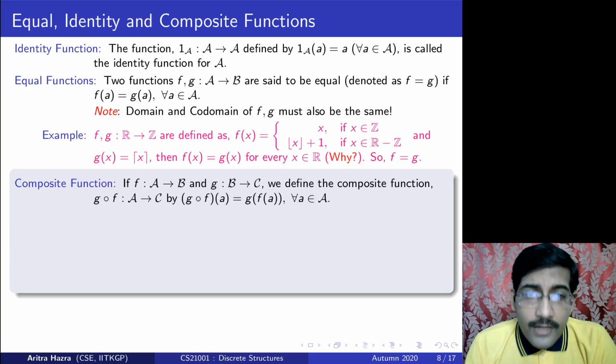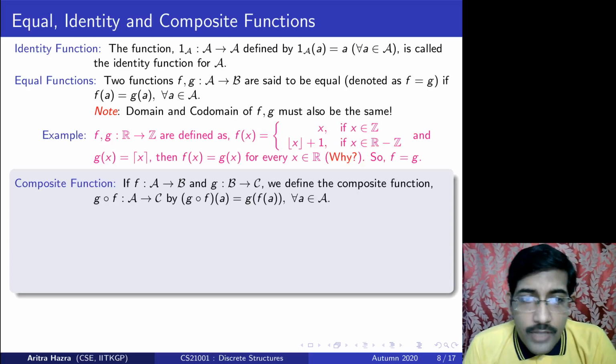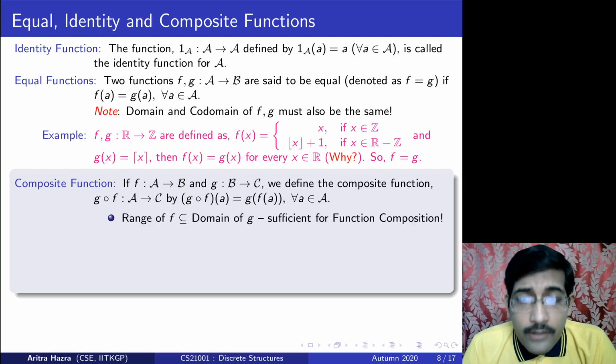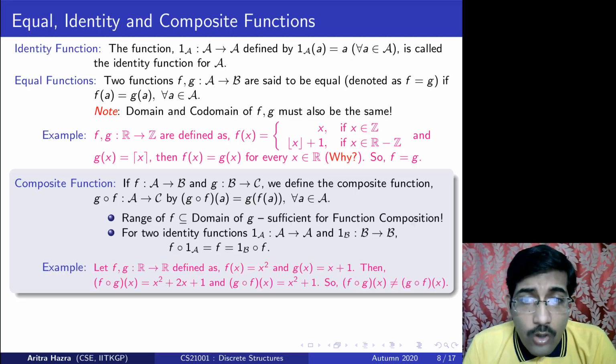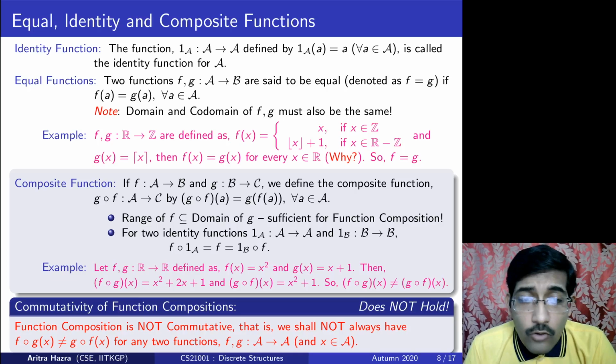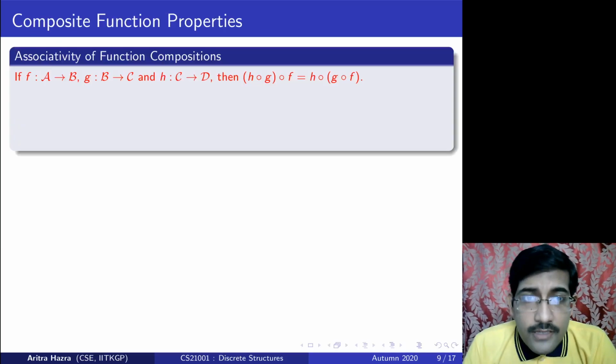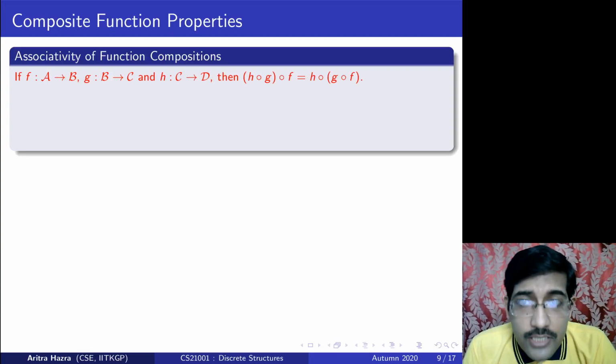With that, in the background, we started to define what are called composite functions, which are basically compositions of more than one function together. And we have seen that the composite function does not follow the commutativity principle in general, whereas it follows associativity, that is, you can compose a set of functions in any order without disturbing their occurrences.